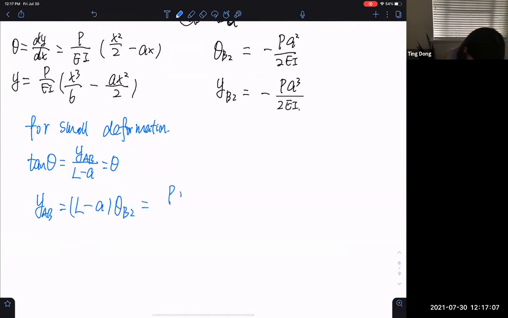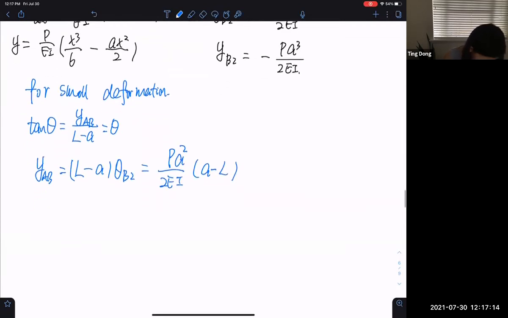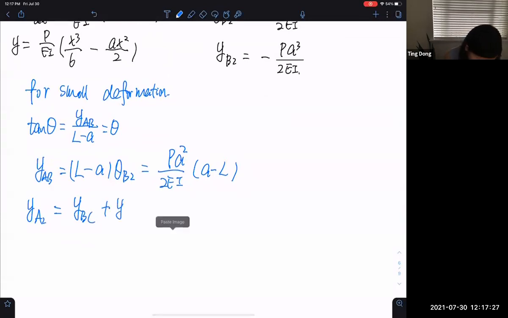So it's PA squared over 2EI times A minus L. So y A2 is equal to y B2, whatever deflection at point B, plus the deflection at the AB section, which is a straight line. So this one is equal to PA cubed over 6EI plus PA squared over 2EI.